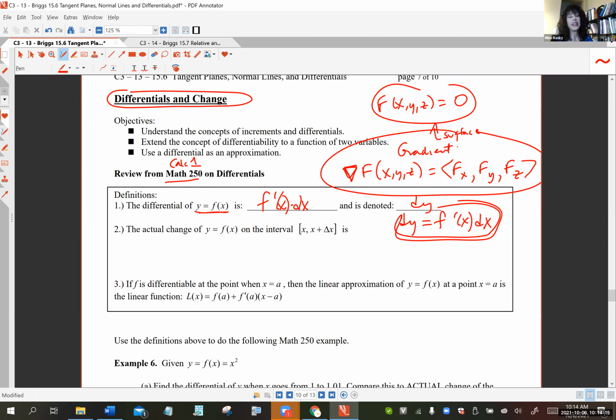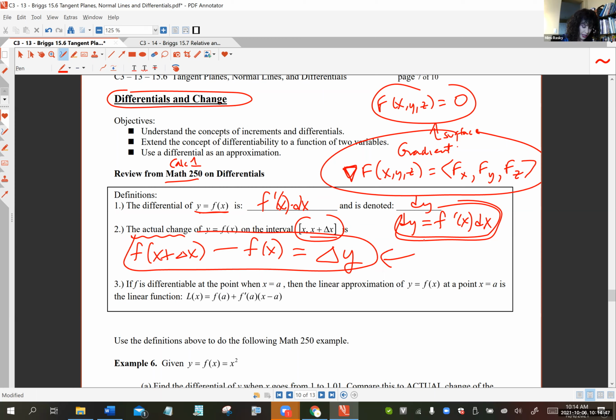That's what they use it for. Now, what about the actual change of a function f? Well, the actual change that you can compare the differential with is the function on the interval x to x plus delta x. First, you evaluate the function at the rightmost endpoint, f evaluated at x plus delta x, and you subtract from that f of x. And the notation for actual change of y is delta y.